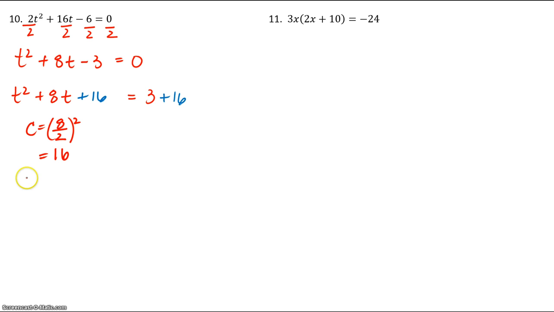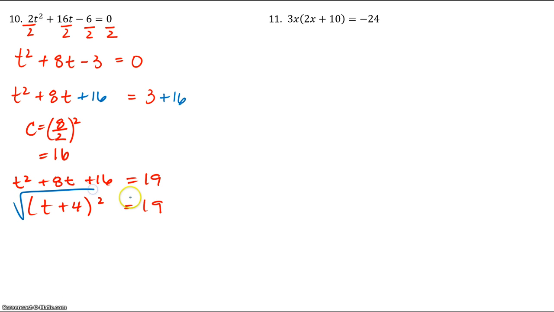So my new equation becomes t squared plus 8t plus 16 equals 19. So if I've done this correct, which I have, I've created a perfect square trinomial. So that factors to t plus 4 squared equals 19.